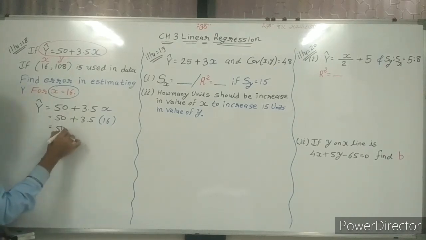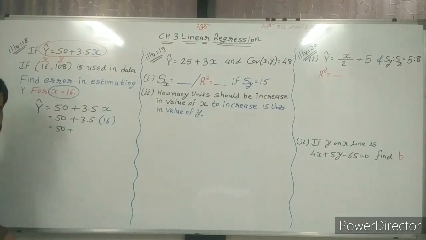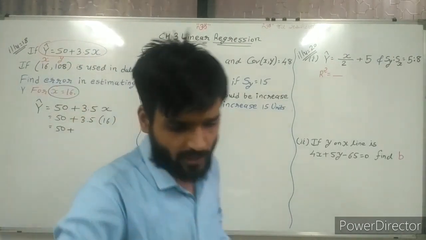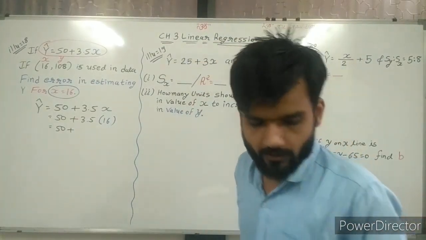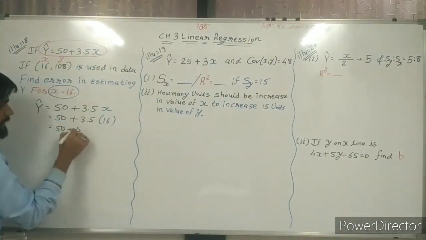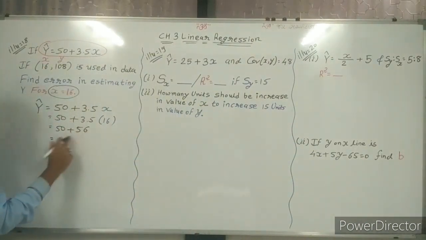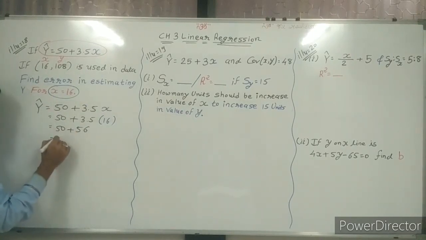Now 3.5 into 16, you have to do in the calculator. If you multiply 16 into 3.5, you will get 56. So the answer is 56. Now make the total of these two: 50 plus 56, answer is 106.